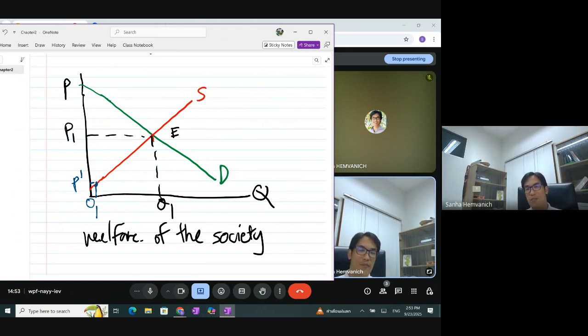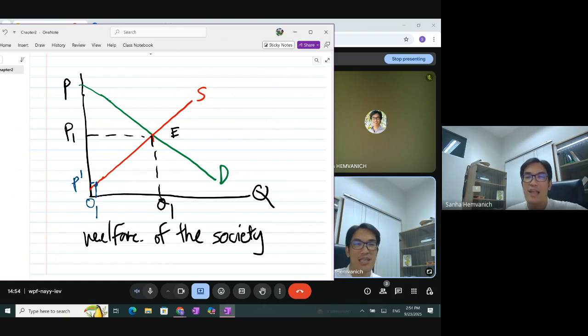So in economics, we say normal profit is zero. Here, let's assume that the price the producer wants is actually the cost. So you don't make any profit, but you don't lose anything either. So P1 is the cost of producing.